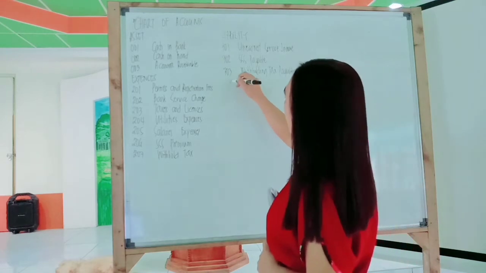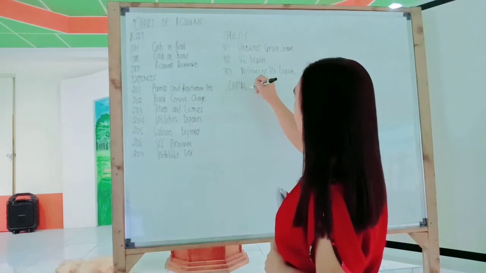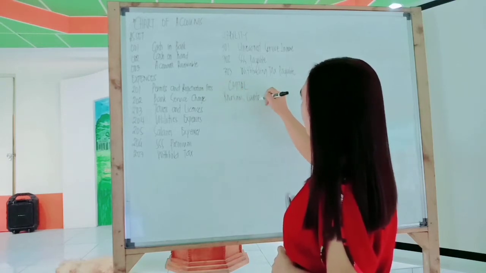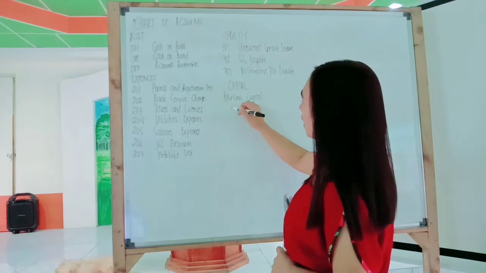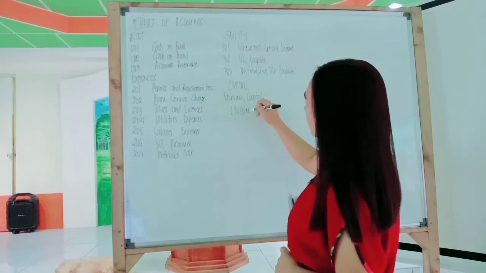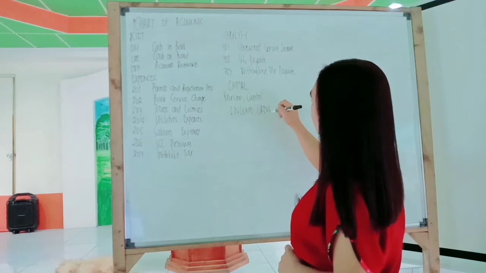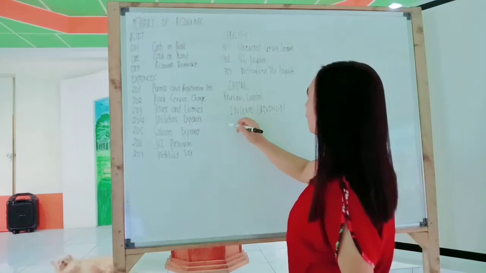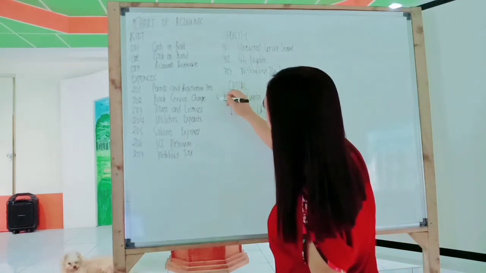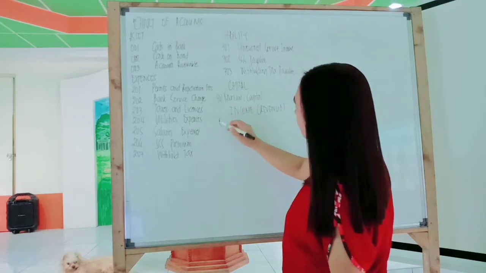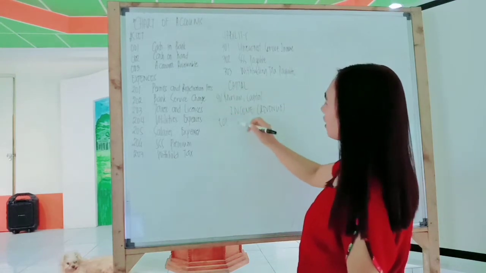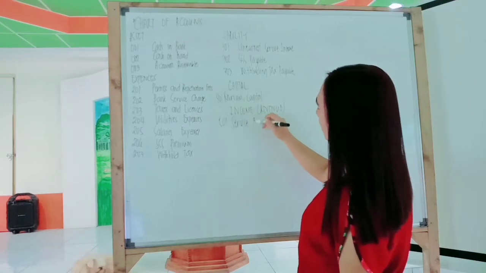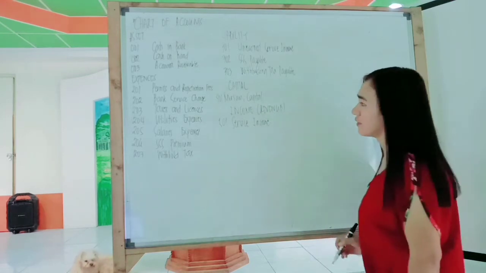And then for our capital, we have Miriam capital. Tapos for our income or revenue, iisa lang yung nag-transpire na revenue natin. We have your, I forgot, 401. And then, for our income, 501, we have your service income or service revenue.